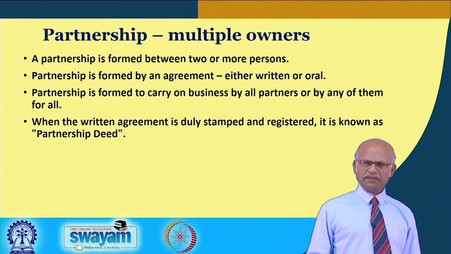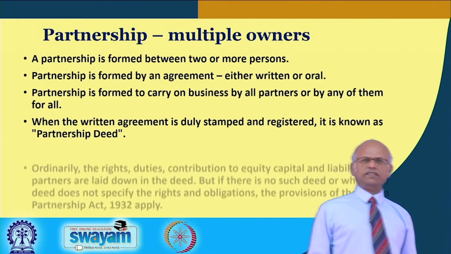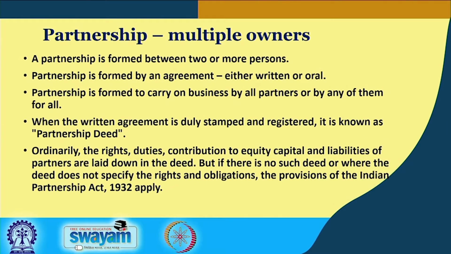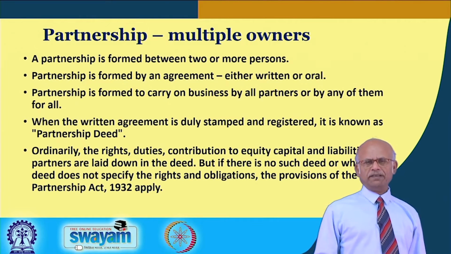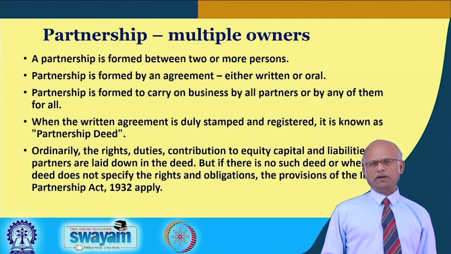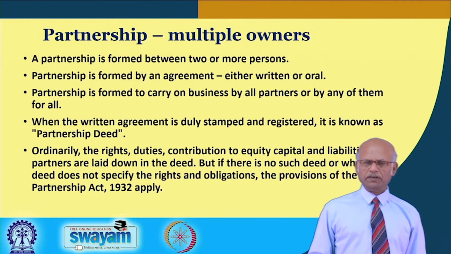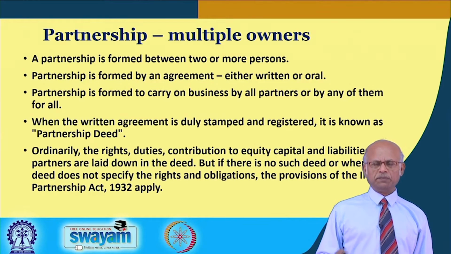When the deed is made and registered, it is called a partnership deed, which contains major points of dispute that may arise, like ownership percentage or profit percentage, and then what are the roles and responsibilities of individuals, how much capital different individuals are going to chip in, etc. So, that at the time of resolution or at any point of time, if there is conflict among partners, then the partnership deed, whatever is written there, can resolve this issue.